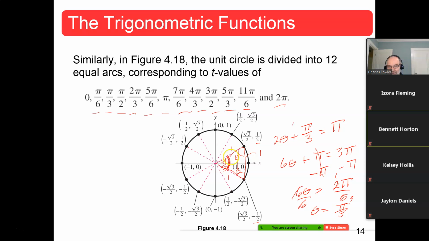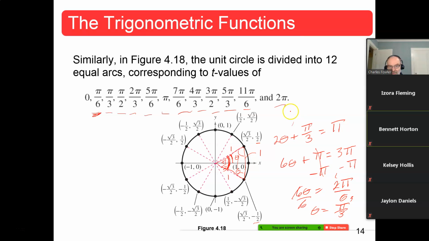This first angle here is pi over 6. This one right here. Remember, that was the pi over 6. Okay? Just this angle right here is pi over 6. So we have that for t equal to pi over 6, y is equal to 1/2. We know that.